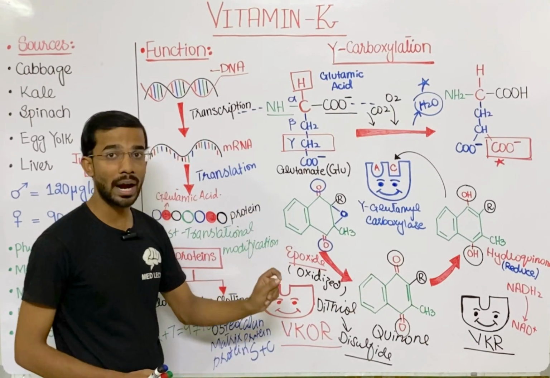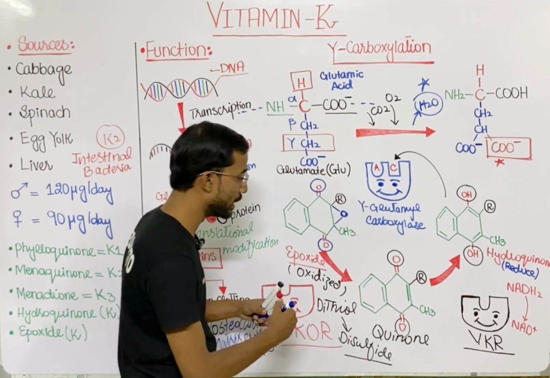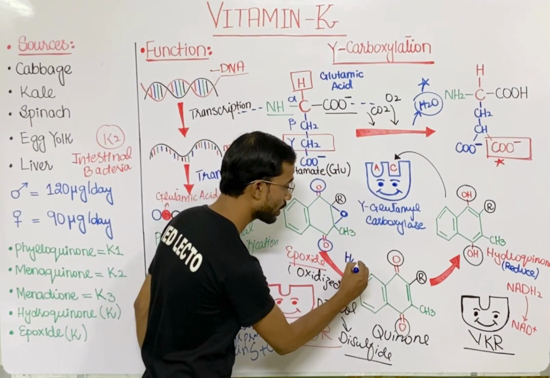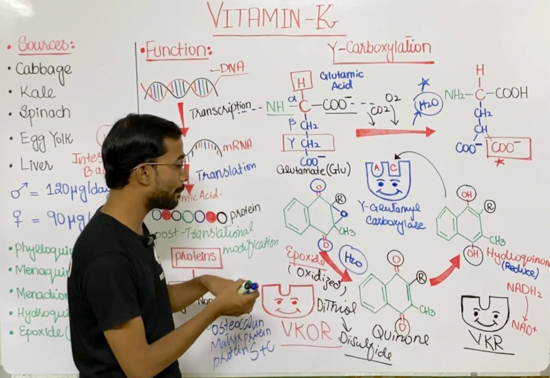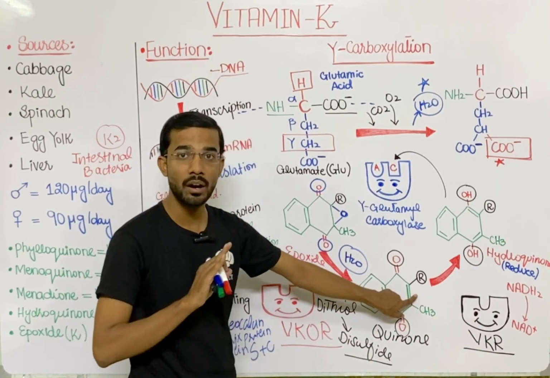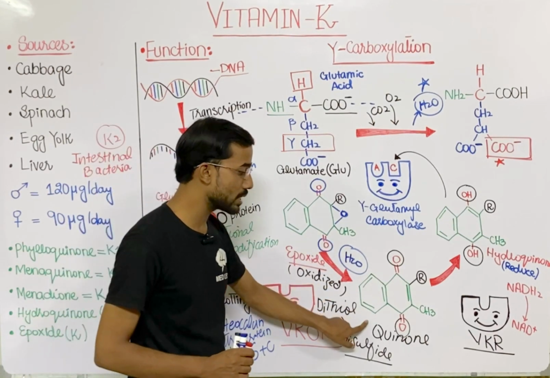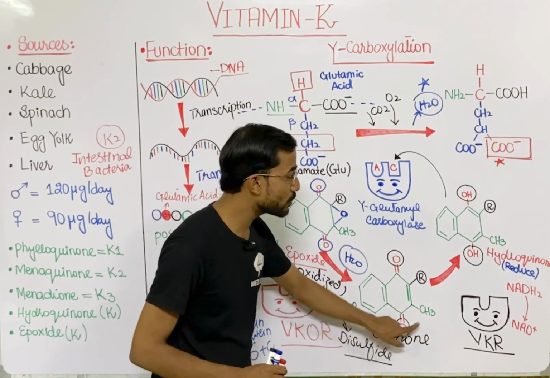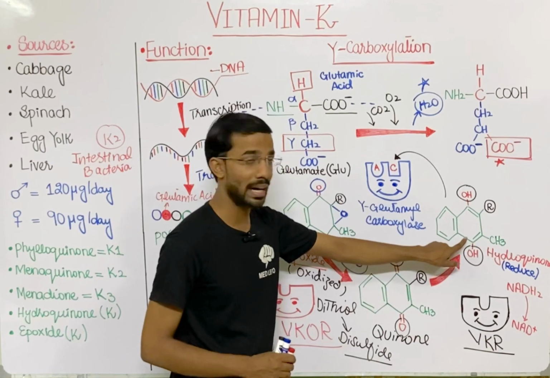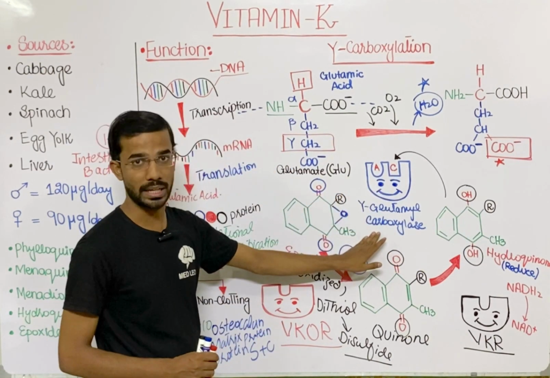Now, these two hydrogens carry the oxygen and ultimately the water is removed and the epoxide converts to the quinone form. Now the oxygen atom has been removed in the form of water, and now this is the quinone form, and again this will convert into the hydroquinone form, that is the active form, and again can be utilized with the gamma glutamyl carboxylase enzyme.